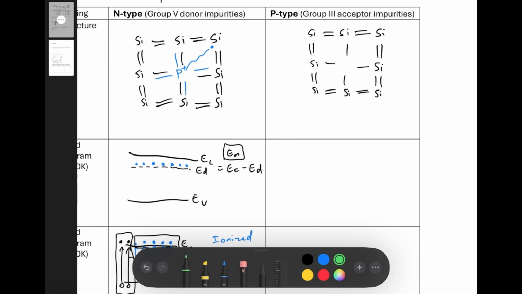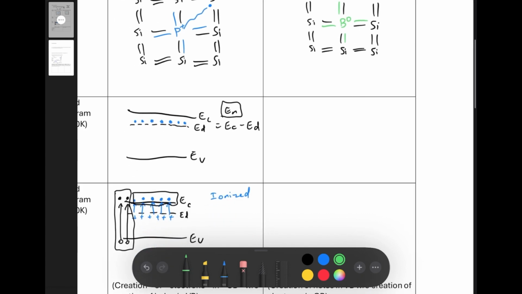So now we have a boron, and of course, because the boron only has 3 electrons, there's sort of a hole. It's not really. So there's a hole here at boron, and in order for there to be this, there's also an acceptor energy level.